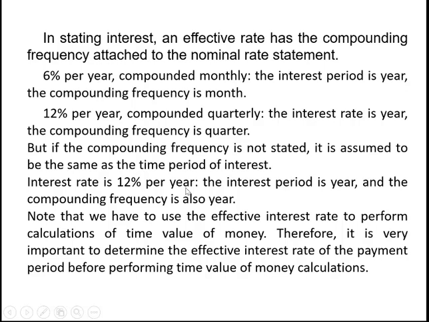That's all. In this statement, we understand that the interest period is year, and the compounding period is also year. And we understand that 12% per year is the effective interest rate.